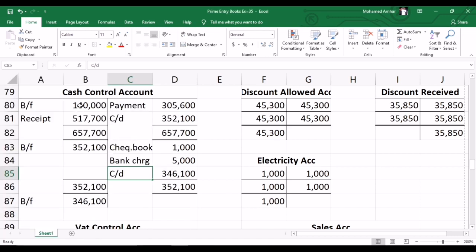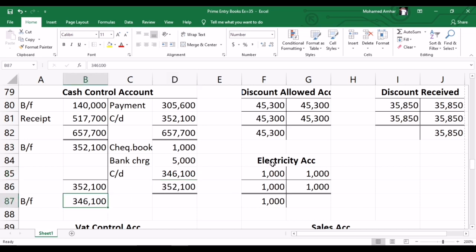The total is 140 opening balance, receipt total 517,700 total, and total, so carried down and brought forward. Then the adjusted amounts 1000 and 5000 for checkbook and bank charge, so balance is carried down this much, carried down, brought forward.